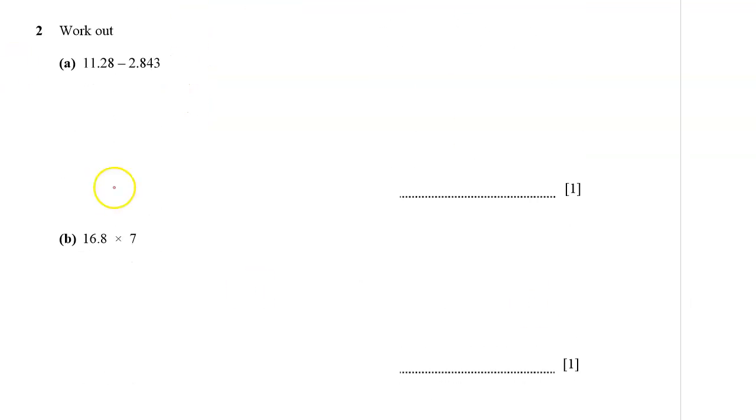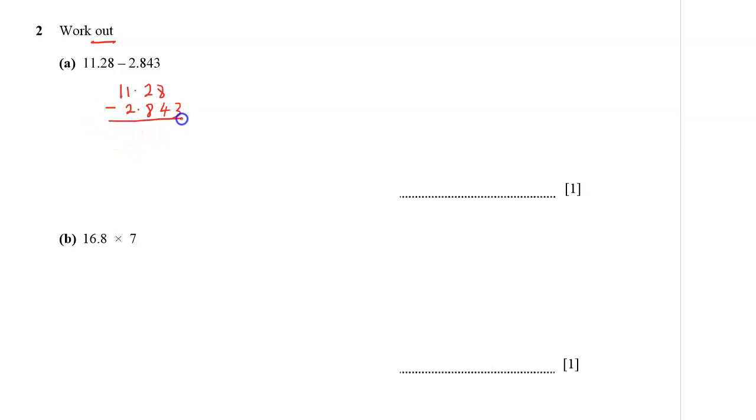Question number 2. You're required to work out this. Basically, this is 11.28 minus 2.843. Basically, subtraction. The best way to do this is to arrange them vertically, 11.28 take away 2.843.